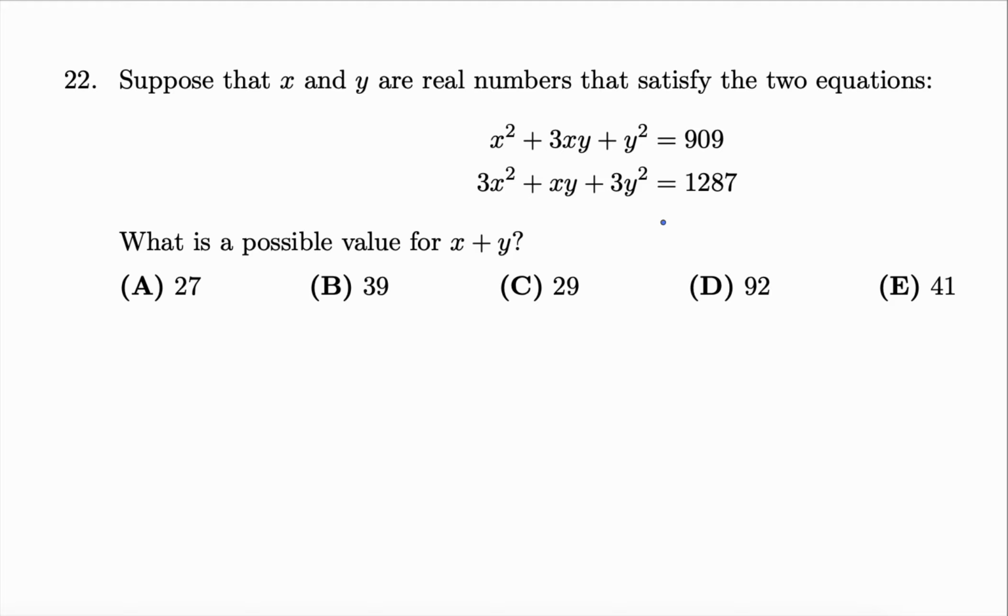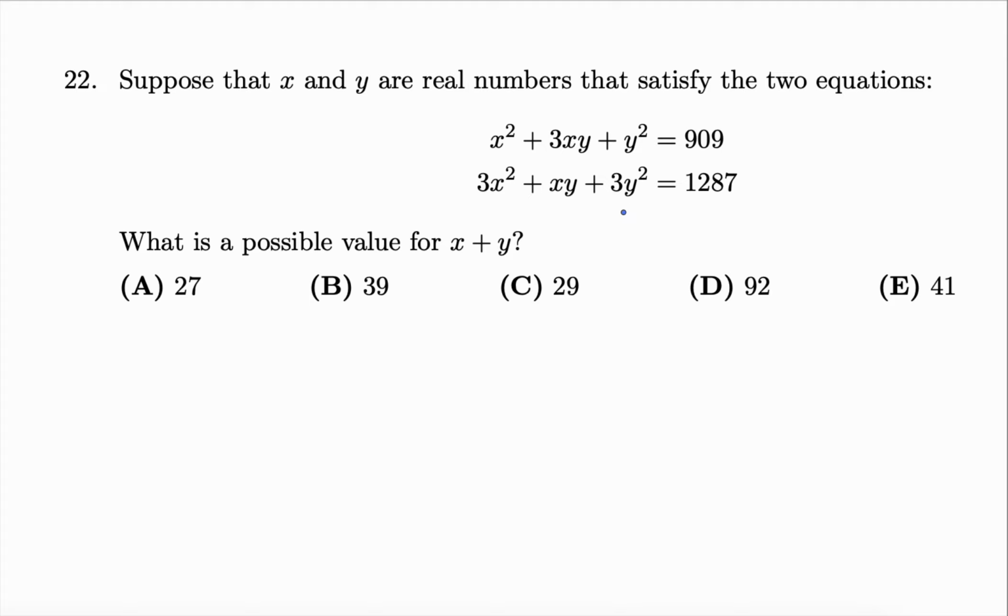Maybe there are two solutions, maybe there is one solution, but all we have to do is find them and then see if any of these options are in there. So let's see how we could go about solving these equations.